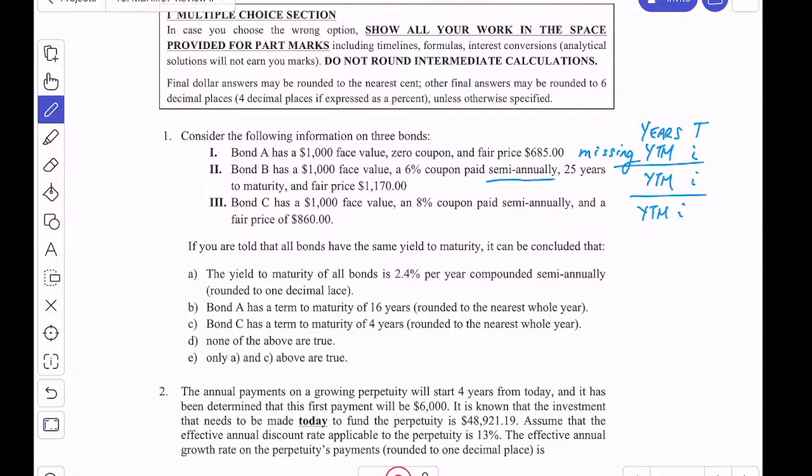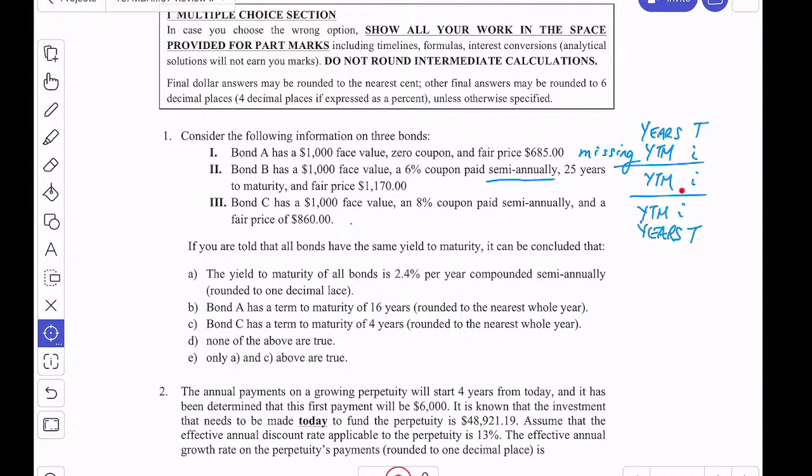Oh, okay, no, number 3 also is missing the years. All right, so the first bond, you're missing years and the interest rate or yield to maturity.